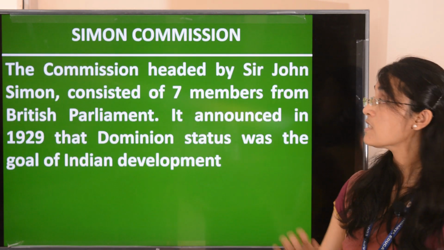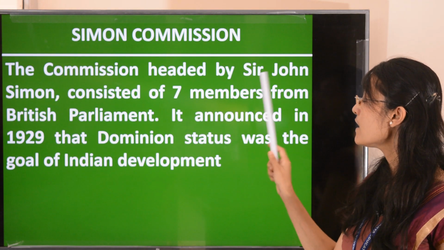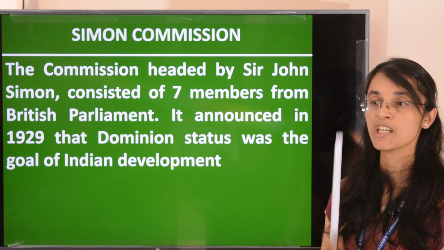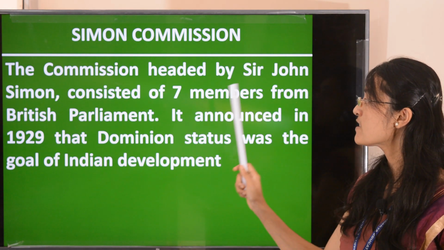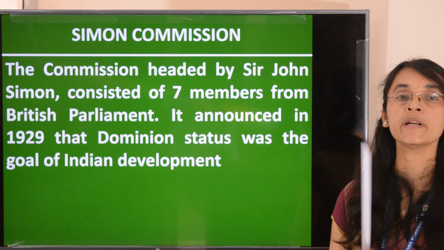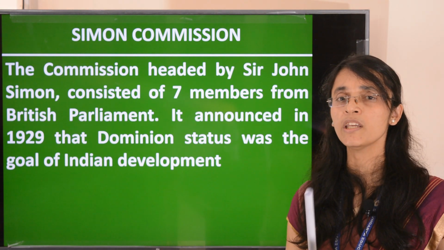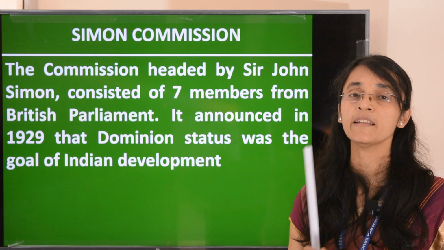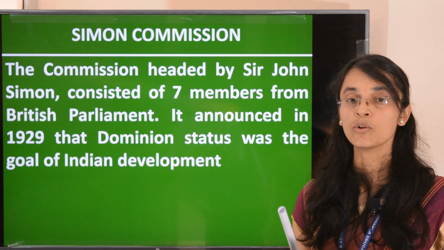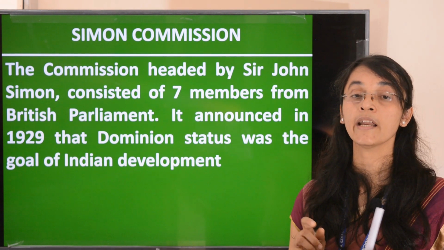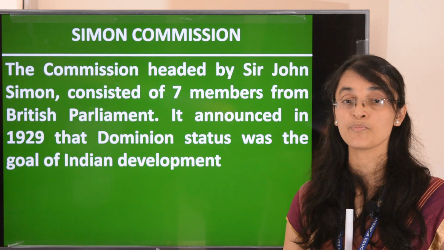This commission was headed by Sir John Simon as its chairman and consisted of 7 members. They were from the British Parliament. This commission did not have even a single Indian as its member. So it was taken as a great insult to the self-respect of Indians.